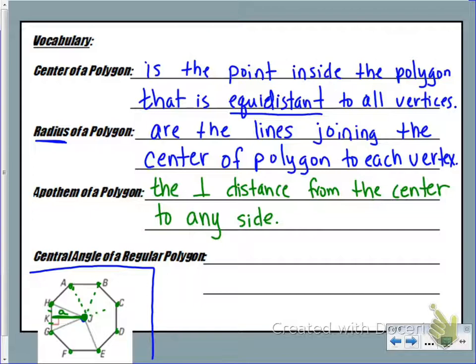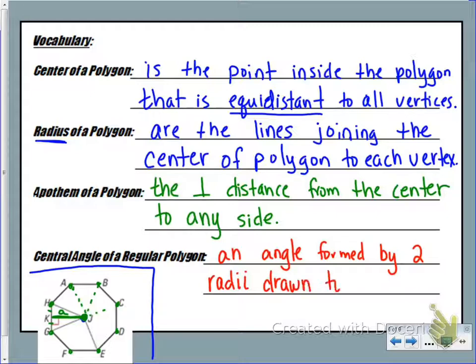The last definition we need to discuss is central angle of a regular polygon. This is an angle formed by two radii. Radii is just plural for radius. Drawn to consecutive vertices of the polygon.